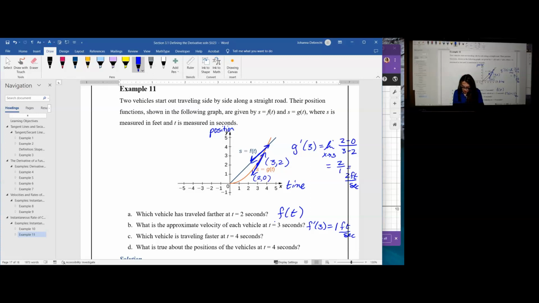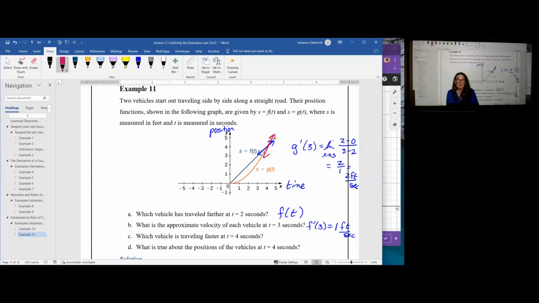Which vehicle is traveling faster at 4 seconds? Well, at 4 seconds, again, if I'm talking about the speed, I need to know what the instantaneous velocity is. On the blue graph, it still looks like this. On the orange graph, it looks like this.